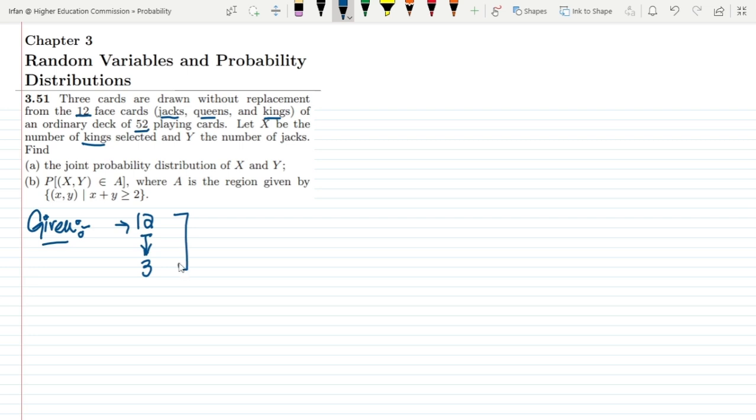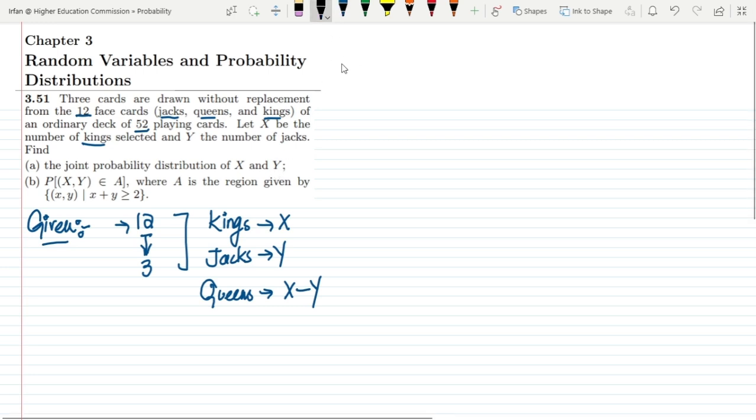The number of kings is x, and the number of jacks is y, while the remaining are the queens, which are basically 3 minus x minus y. Part A of this question is we have to find the joint probability distribution of x and y. Let me have a solution of this question.